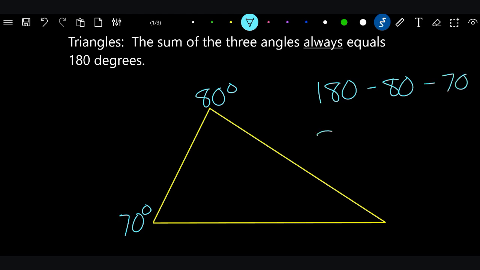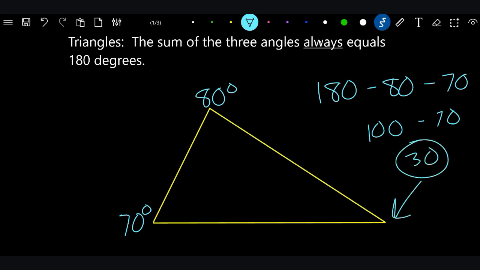Or you could do 80 plus 70 and subtract that from 180. You could do that too. I just like to subtract them all. It makes it a little bit easier for me. So 180 minus 80, that's 100, minus 70. That means that this angle down here, the missing angle, is 30.